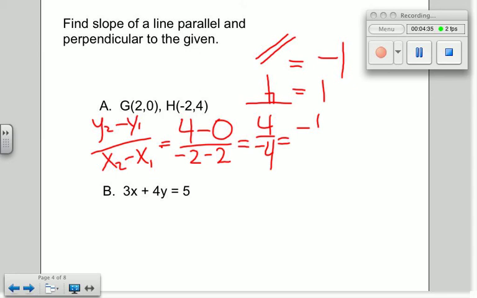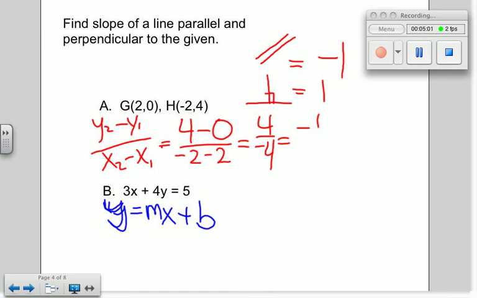Now for the second example, you're given an equation of a line. Before you can determine what the slope is, you need to put it in slope-intercept form. So let's rearrange it so it's in the form y equals mx plus b.